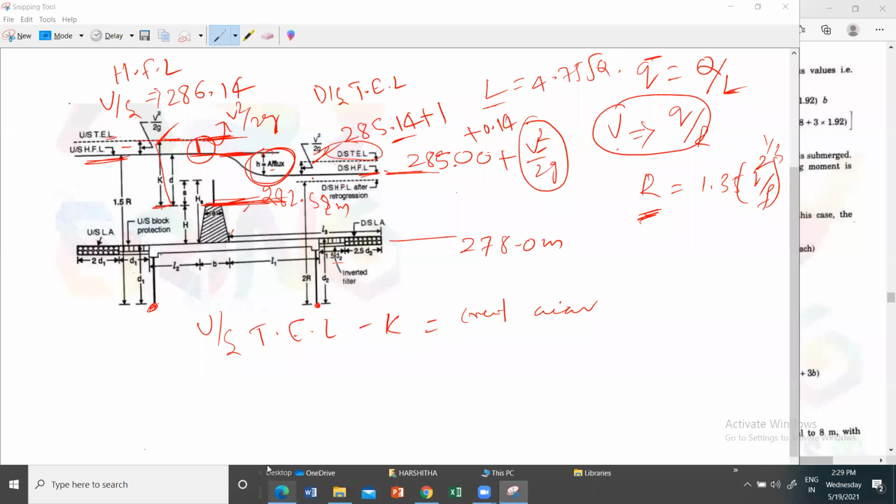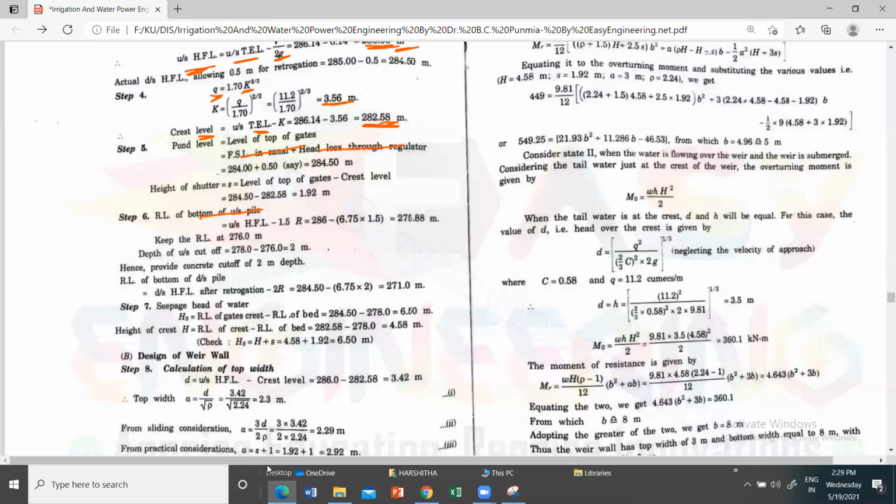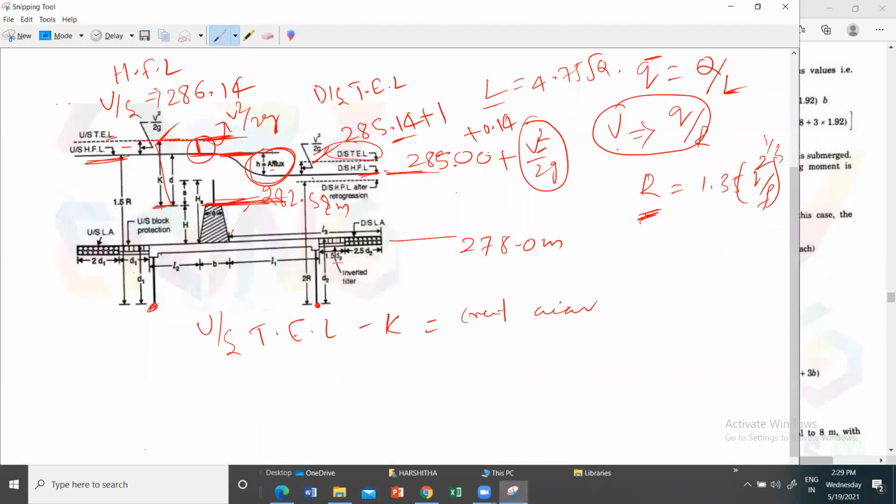Okay. So in the sixth step, the reduced level of the bottom of the upstream side sheet pile will be equal to, if you observe, the upstream side I flat level minus 1.5 times R. So you are going to get this bottom level.